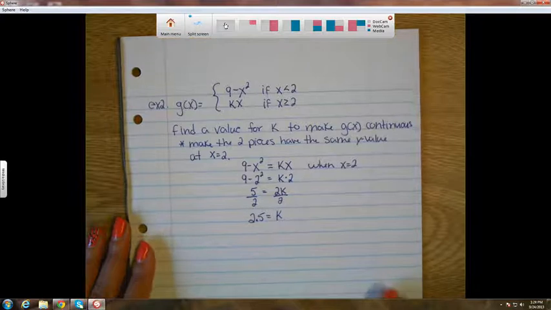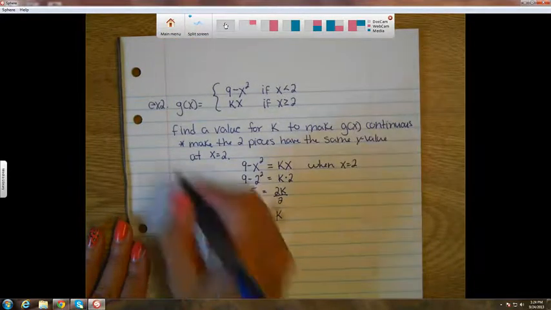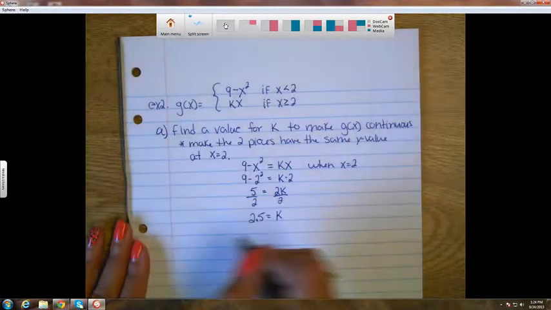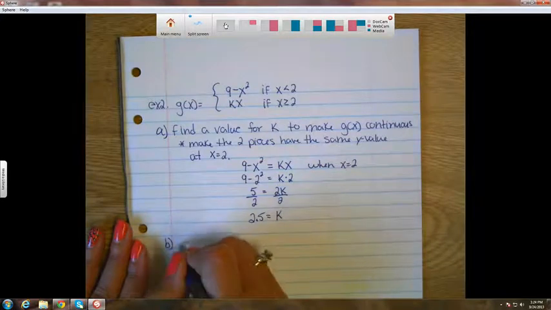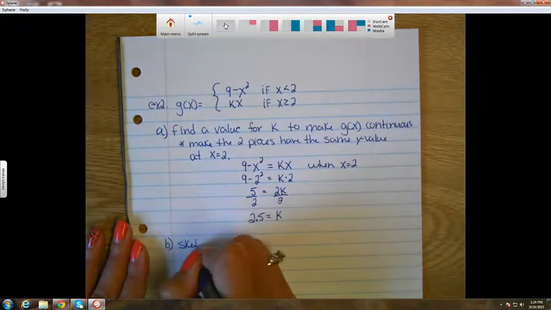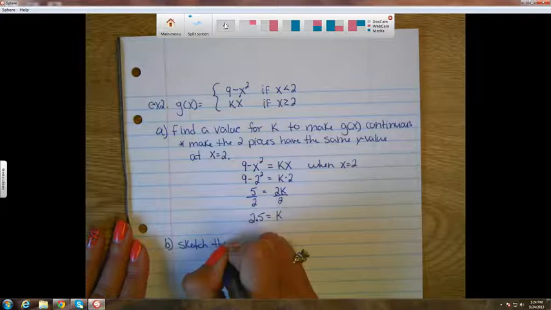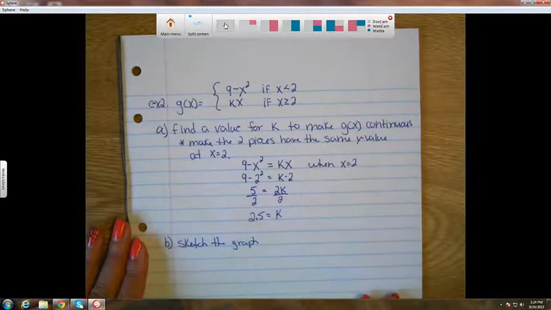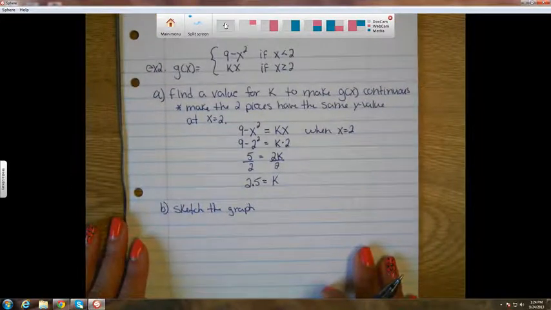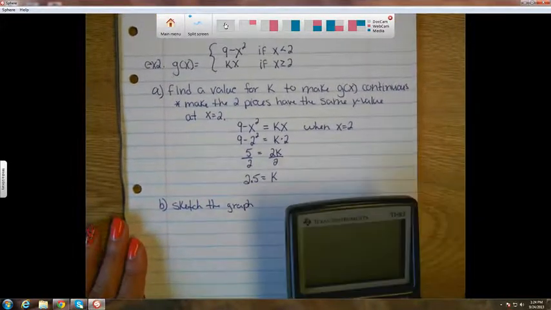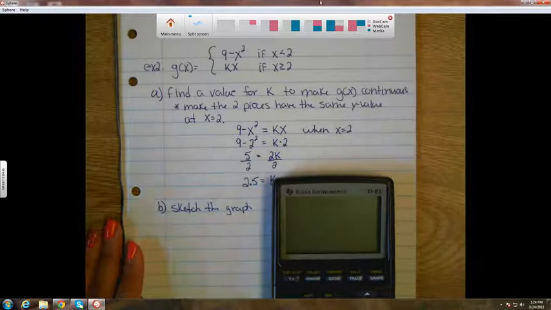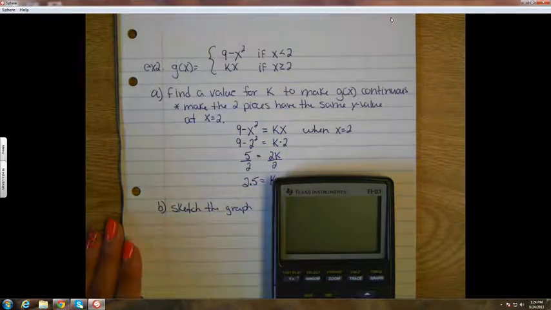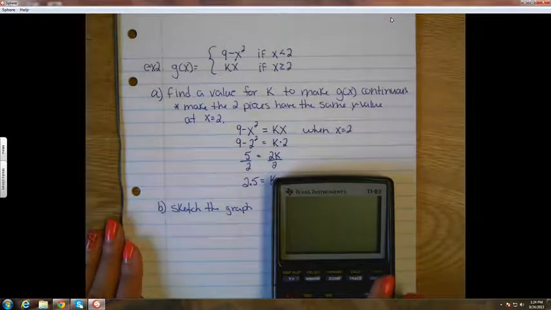And now that we know the k, we'll call that part A, sketch the graph. So, if you take a look, I can get rid of this. We'll go to y equals. Turn it on first. Y equals.